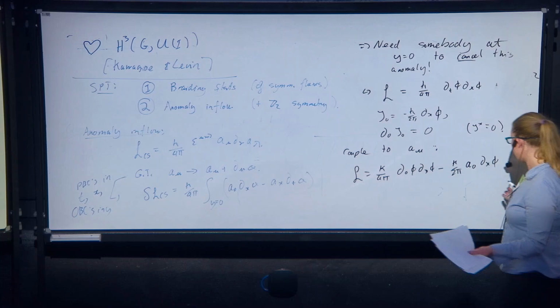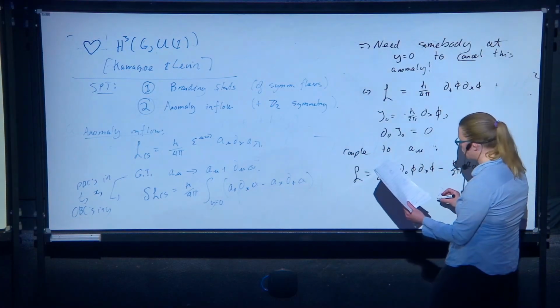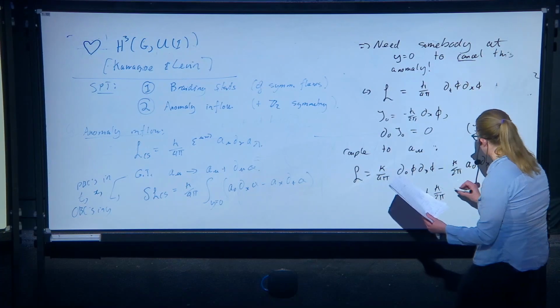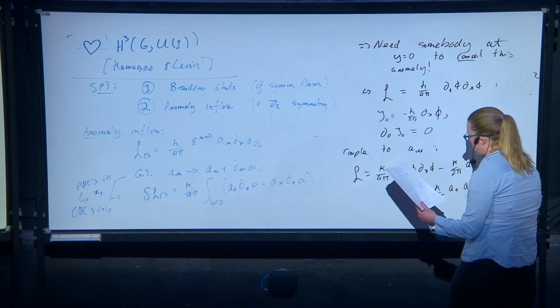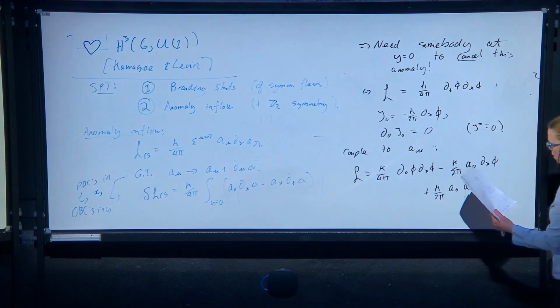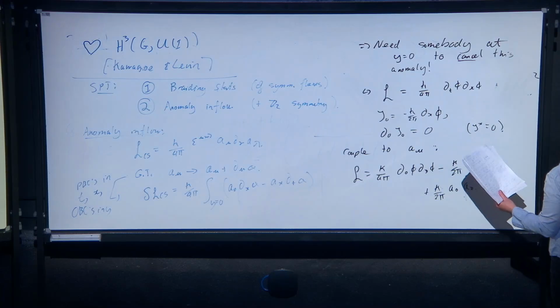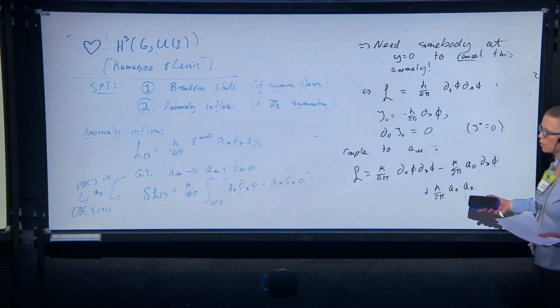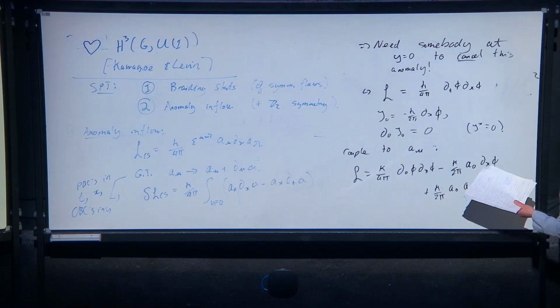And if I like, and I'm going to do this for convenience, I can add some other terms to the action. In this case, it's convenient to add a term a0 ax, okay? Because remember what John said, that the anomaly is the part that you can't kill by adding local terms, gauge invariant or not, right? And so the actual expression for the anomaly is not universal, so it's convenient to add this term so that it's going to match up with what I had before, okay?